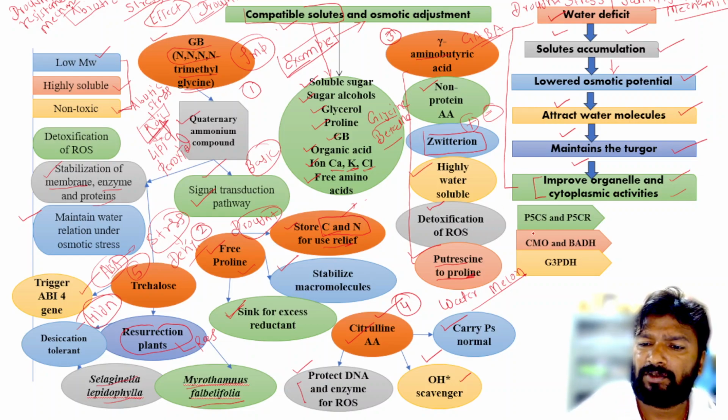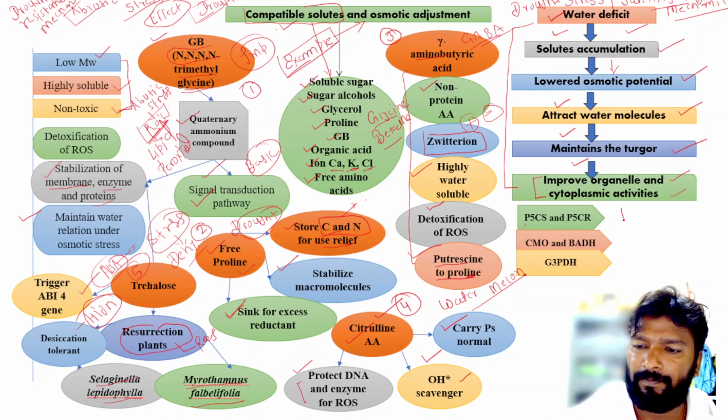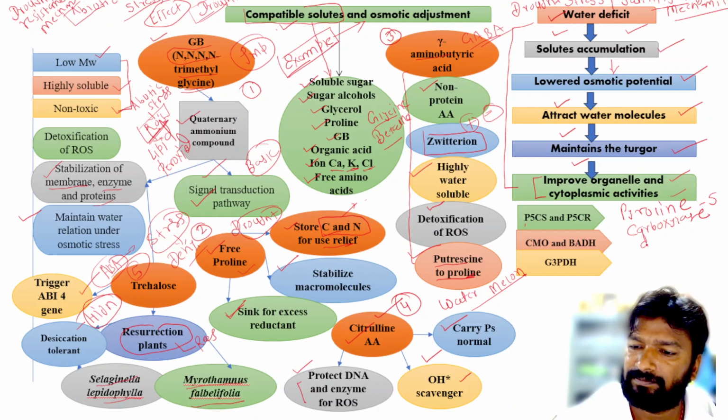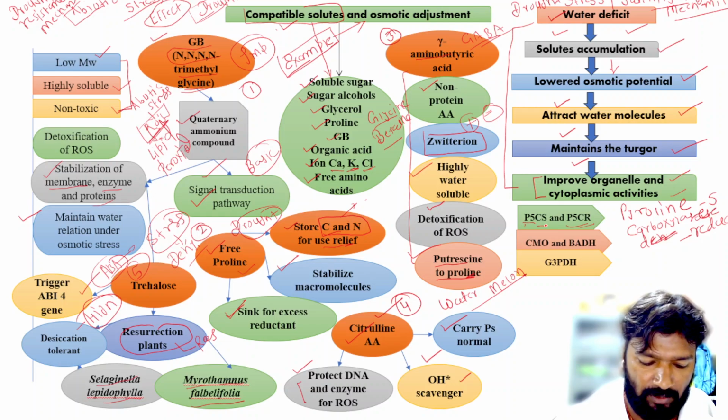There are also some important enzymes like P5CS, that is pyrroline-5-carboxylate synthetase, and P5CR, pyrroline-5-carboxylate reductase.